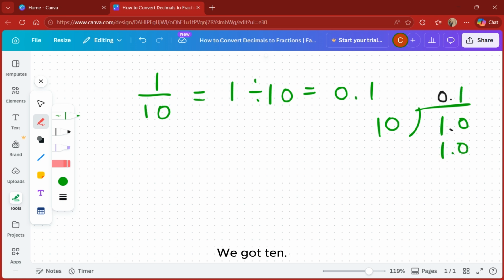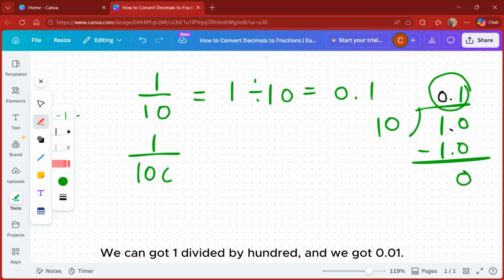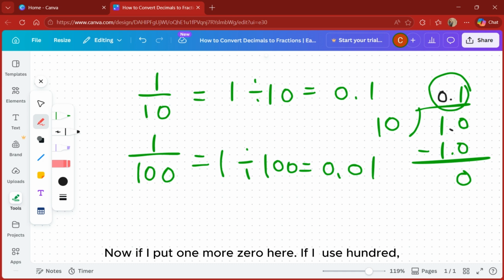So we got 10. See? That means if 1 over 100, we can get 1 divided by 100. We got 0.01.